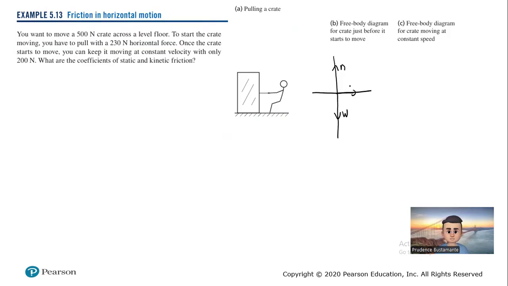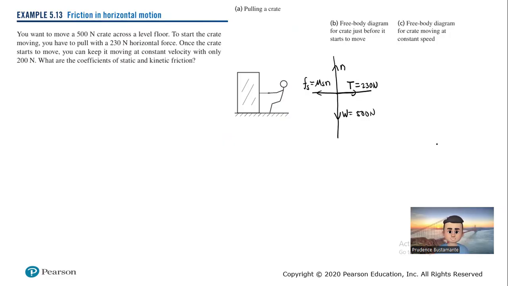We have the applied tension, which is 230 Newton being applied. The weight is 500 Newton. And the friction here, because the crate is about to slide, is equal to the coefficient of static friction, which is the maximum.